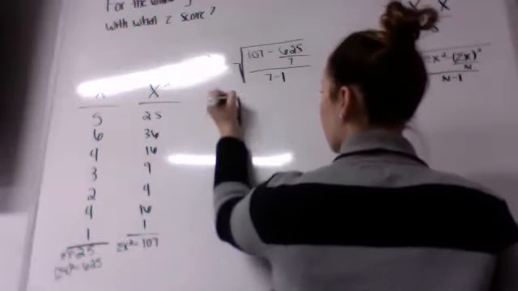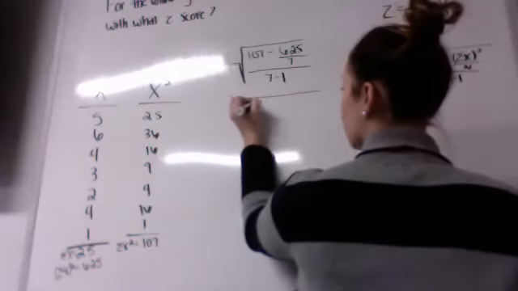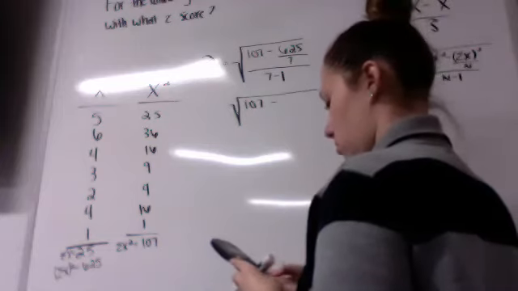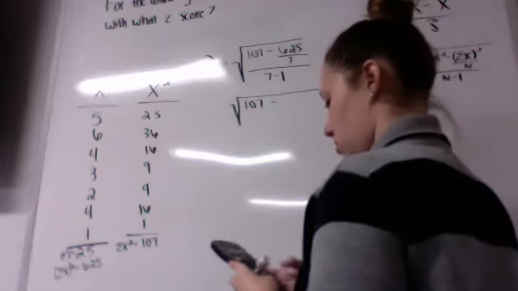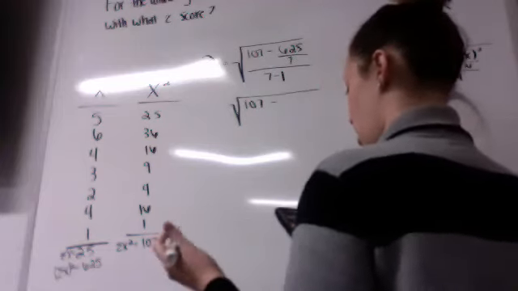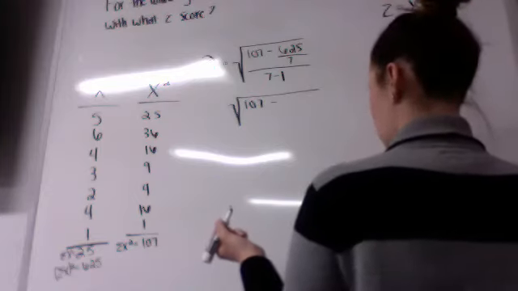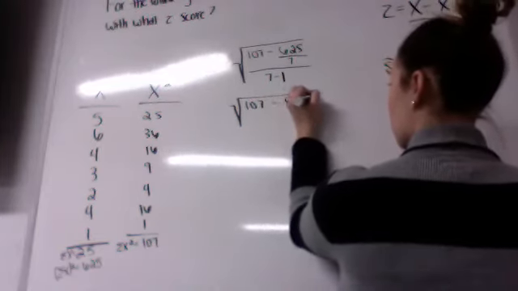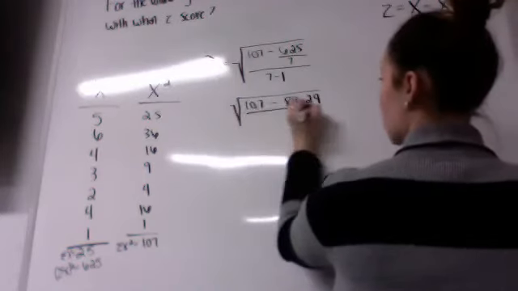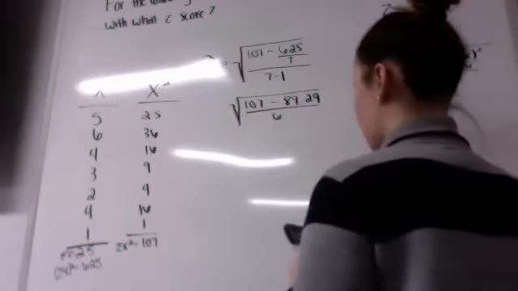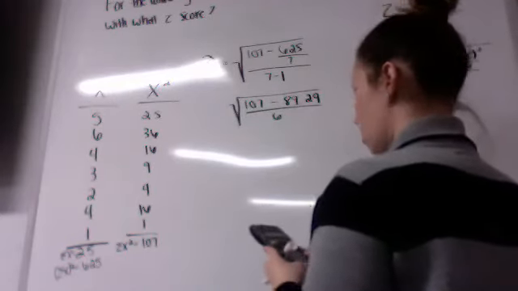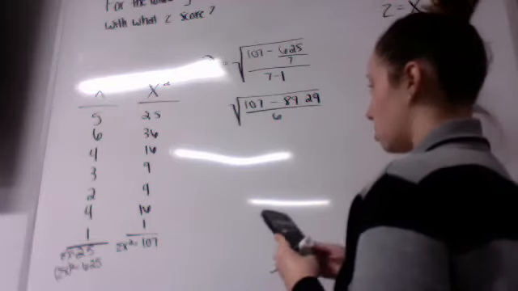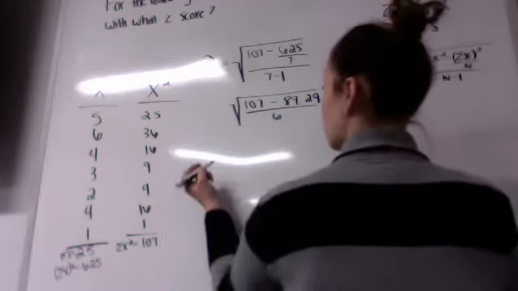So we do this math here. 107 minus 625 divided by 7, which is 89.29, we'll say. And then we do that subtraction down there and get 6. 107 minus 89.29 gives us 17.71, so that's going to be our numerator.